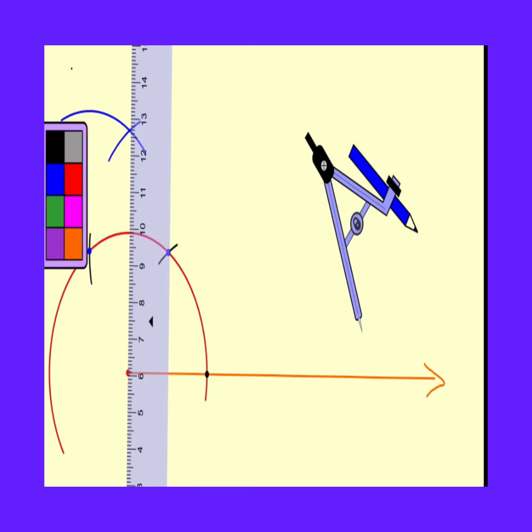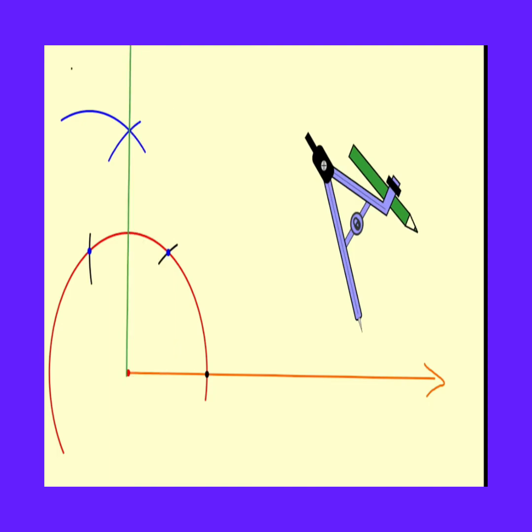You can see that you will draw a ray joining this initial point to this intersection point.